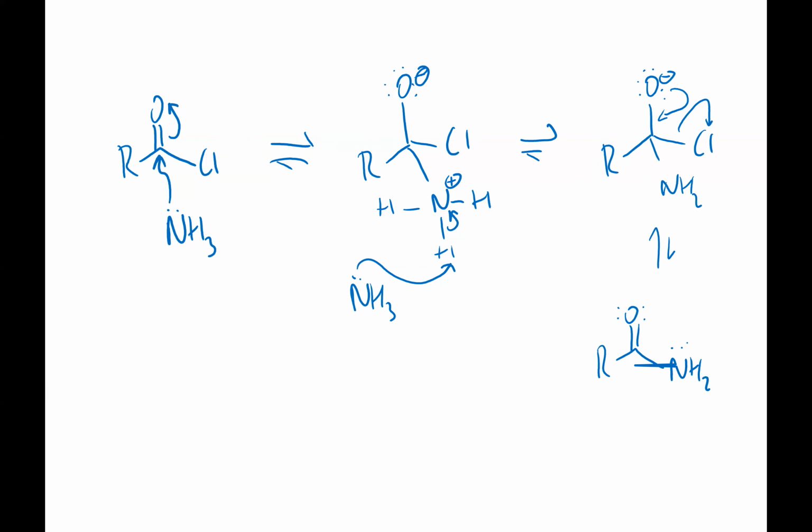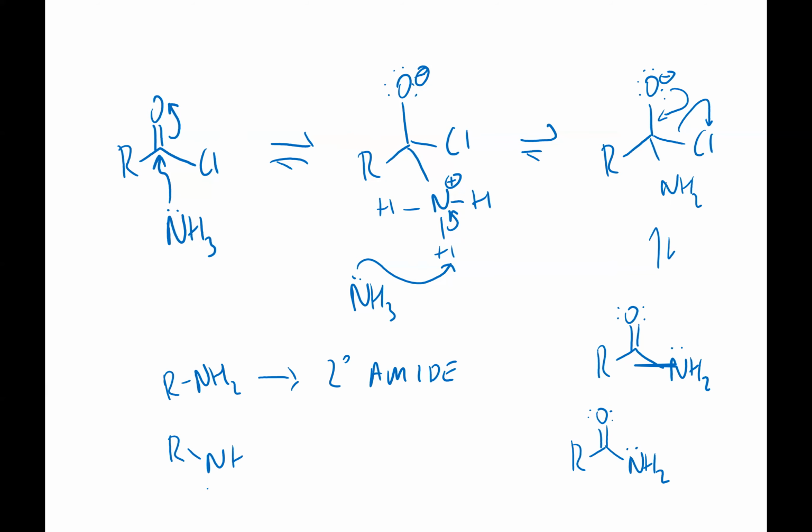the amide. Let me redraw that so we don't have that weird line on it. So we have the amide, and the reaction mechanism is the same for having a primary amine that will give us a secondary amide, or a secondary amine that will produce a tertiary amide.